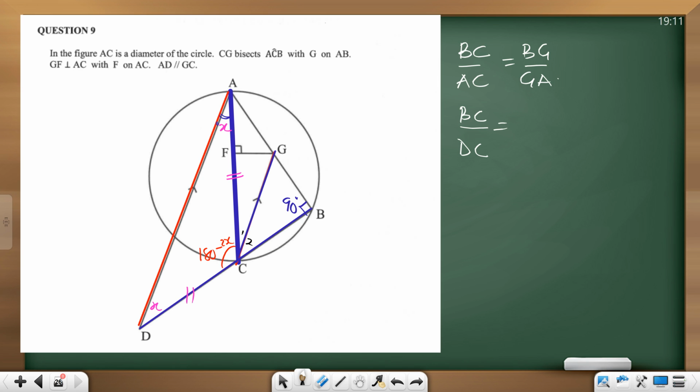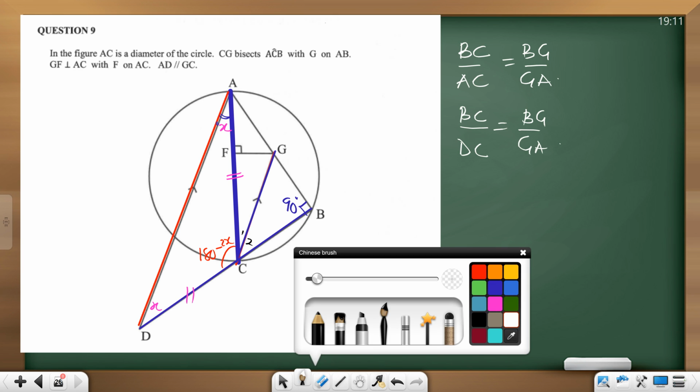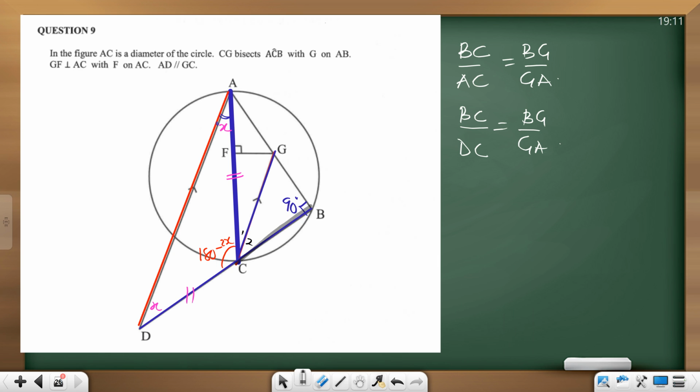I want you to retrace this now. What are we looking for? BC over what? Equals to.